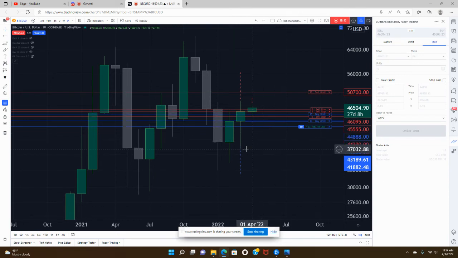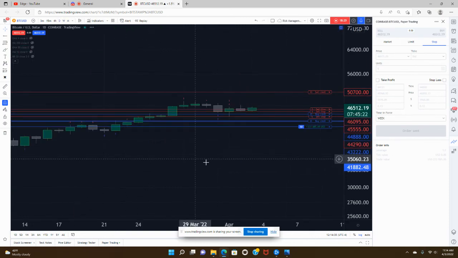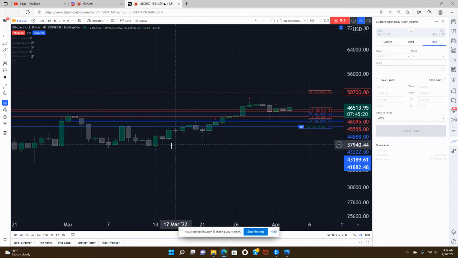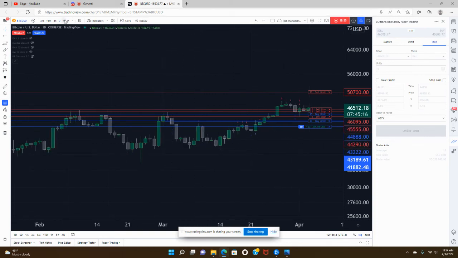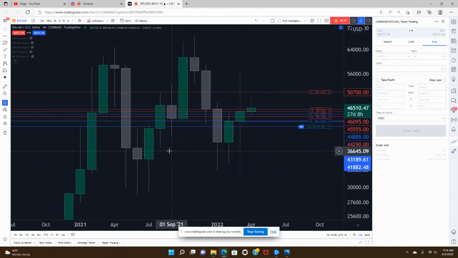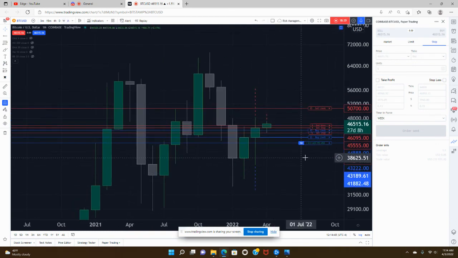Price would have to travel very far to destroy the structure. At least in the near term, it would need to trade below 37,000. That's roughly these lows right here, and that's pretty unlikely in my opinion.